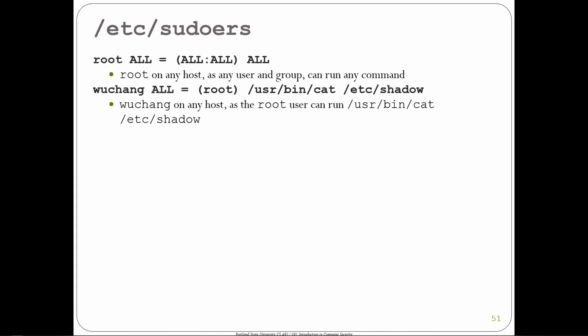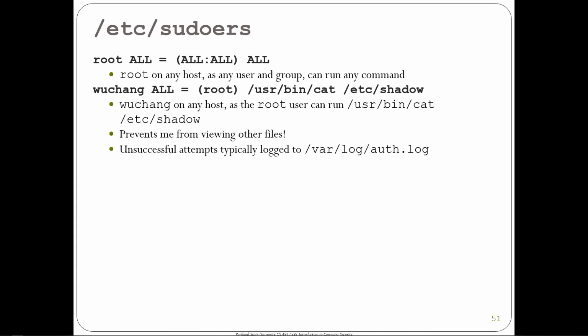I can expose the password hashes, which is something, but at least I've restricted that. This prevents me from viewing any of the other files that root has access to, right? So this is a pretty good least privileges example. And so, for example, I can't read anything else in /etc unless I'm explicitly allowed to.